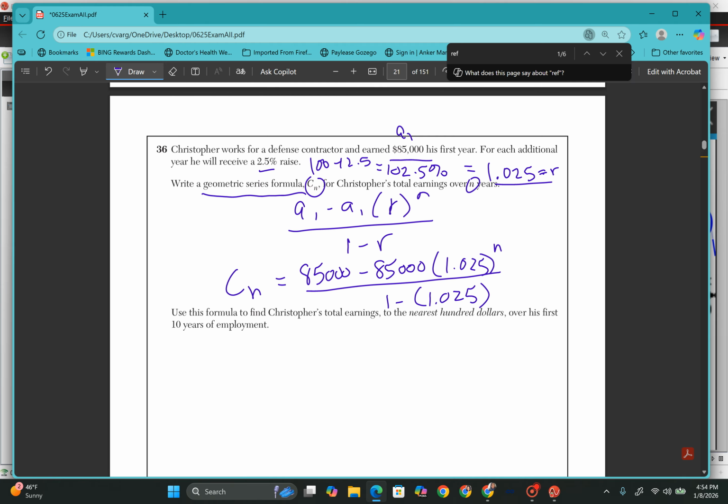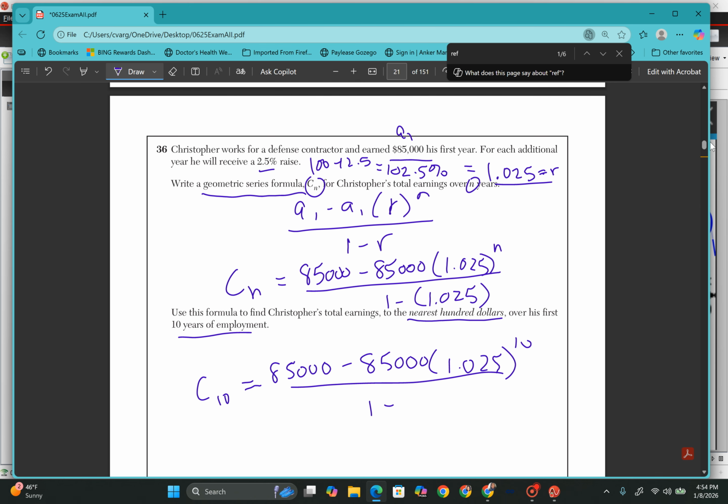Okay. Then it says use this formula, the one that we just did, to the nearest $100 over his first 10 years of employment. So that means that we're going to do 85,000. So we're doing C of 10 is equal to 85,000 minus 85,000 again times 1.025 to the 10 all over 1 minus 1.025.